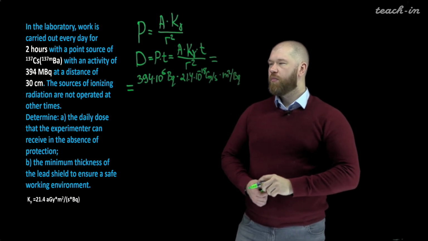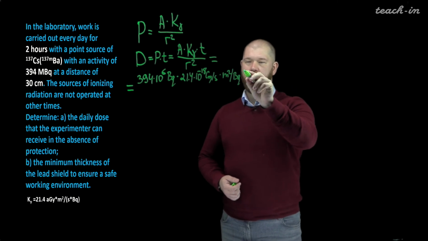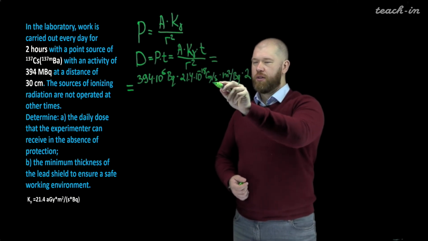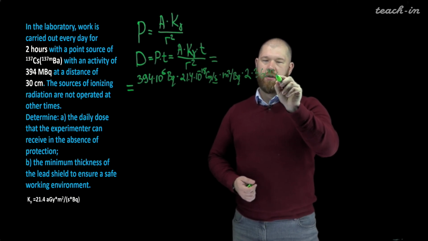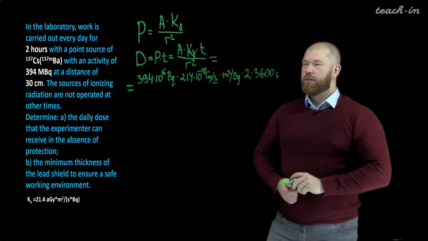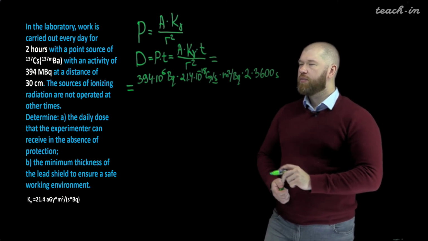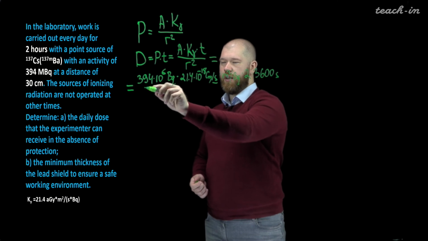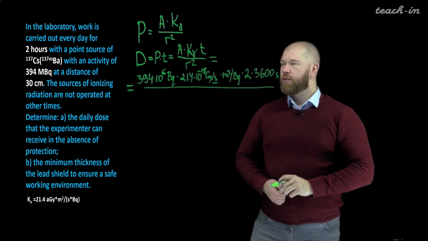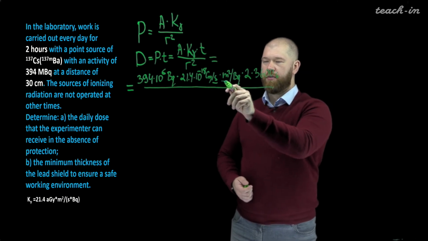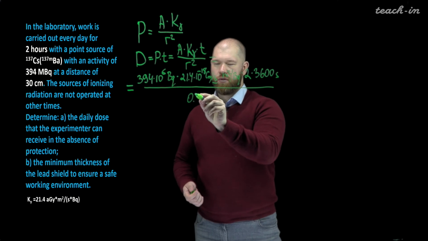We know the time, it is 2 hours, but we need seconds, so we multiply it by 3,600 seconds. And now divide all this by the distance, and here we have square meters, thus we should convert centimeters to meters.